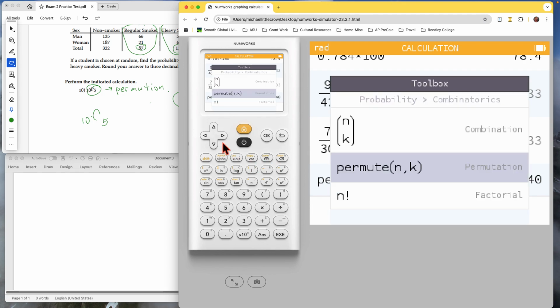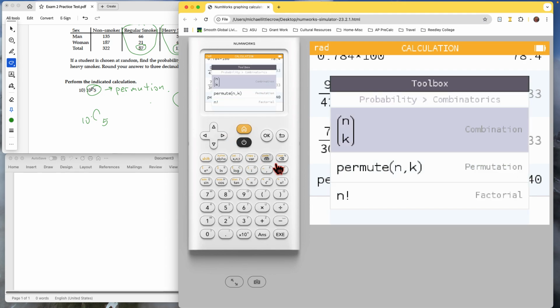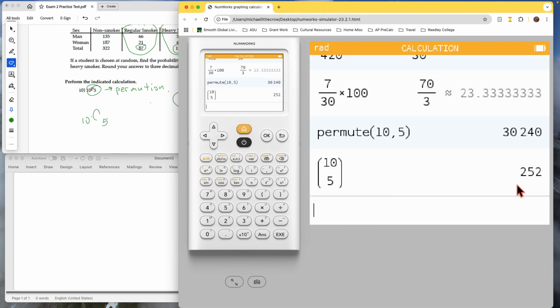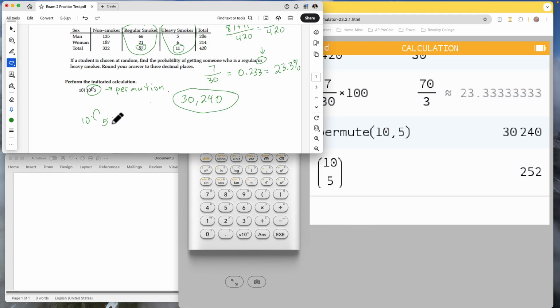And we go to the toolbox up to here, and we would put in 10 choose 5. And we get a much lower number. Okay, so be prepared to be able to do both, because order is not important. That's just 252 groups of 5. This is 30,240 arrangements of 5, right? These are arrangements.